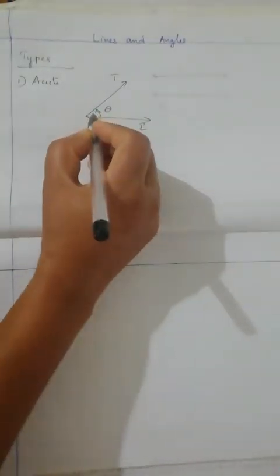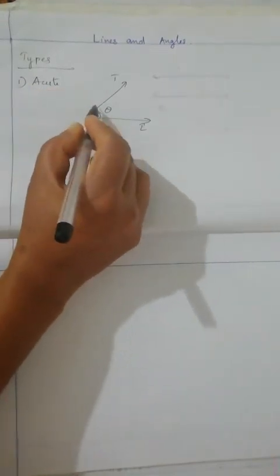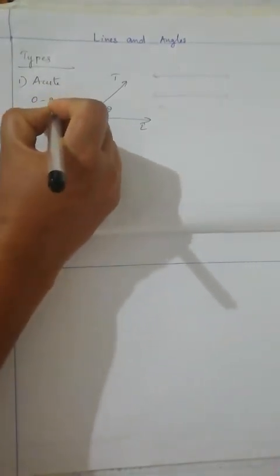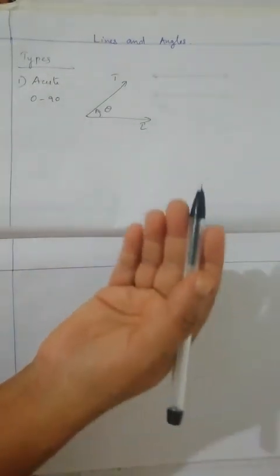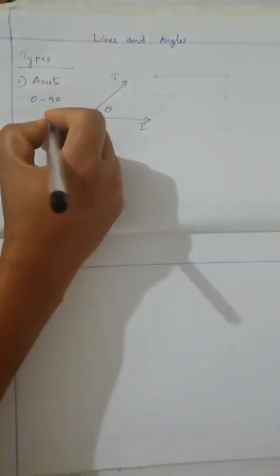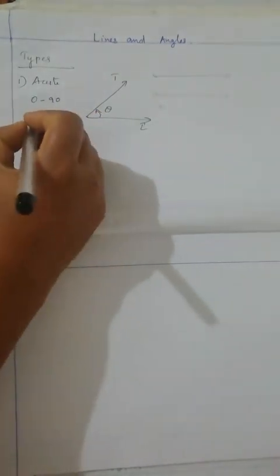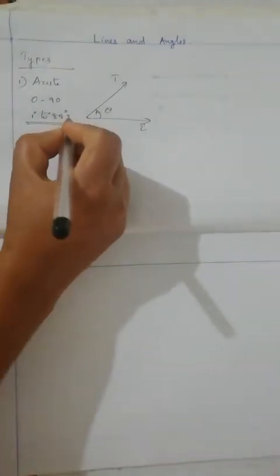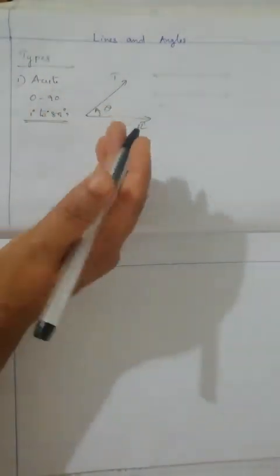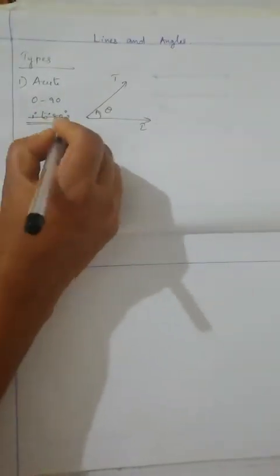That means 1 degree, 2 degrees, 3 degrees up to 89 degrees; we can take 89.9 also. Below 90 and above 0, those angles are acute angles.